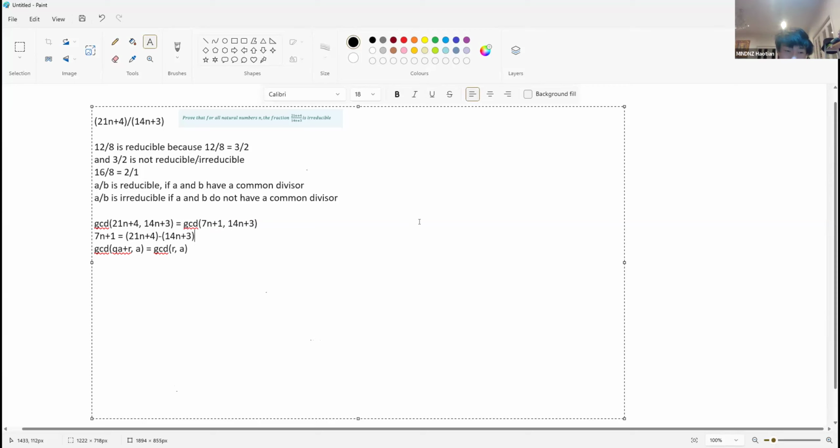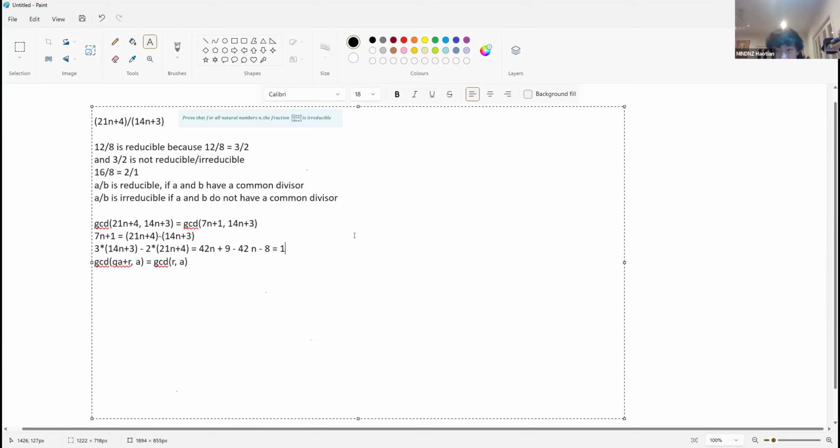Okay. Manat said 3 times equation 1 minus 2 times equation 2 is equal to 1. I'll assume you meant 3 times this one minus 2 times this one. So 3 times 14n plus 3 minus 2 times 21n plus 4, which is equal to 42n plus 9 minus 42n minus 8, which is equal to 1.